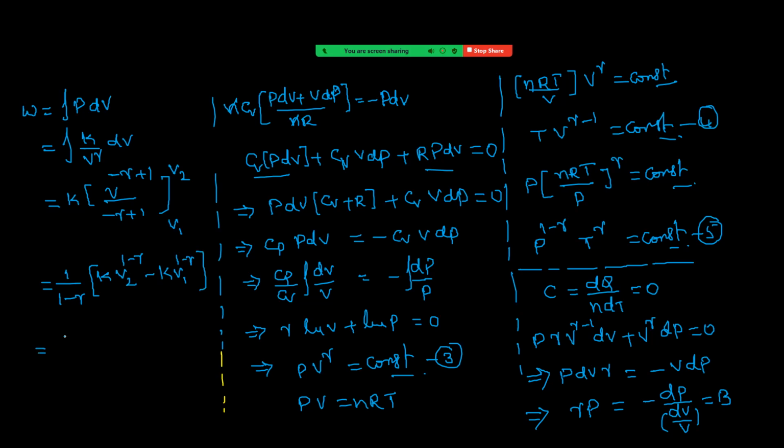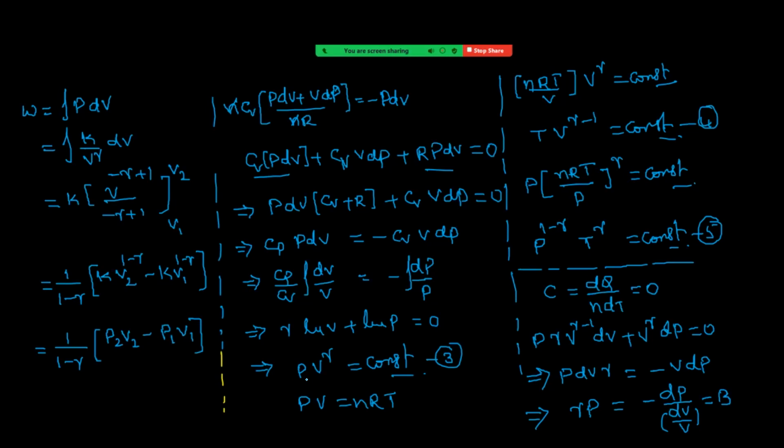Okay. Now take in the place of K, P V power gamma. So V power minus gamma gets cancelled. Remaining is now 1 by 1 minus gamma, it is P2 V2 minus P1 V1.